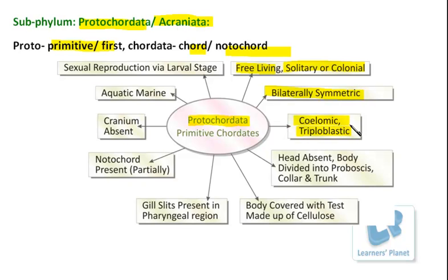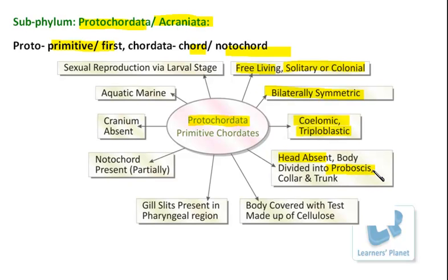These are the basic features that we have studied in the earlier session, right? These higher animals all have a true cavity and they all are triploblastic. Besides this, these organisms do not have a head, right? The head part is absent in these organisms, but their body is divided into three parts.